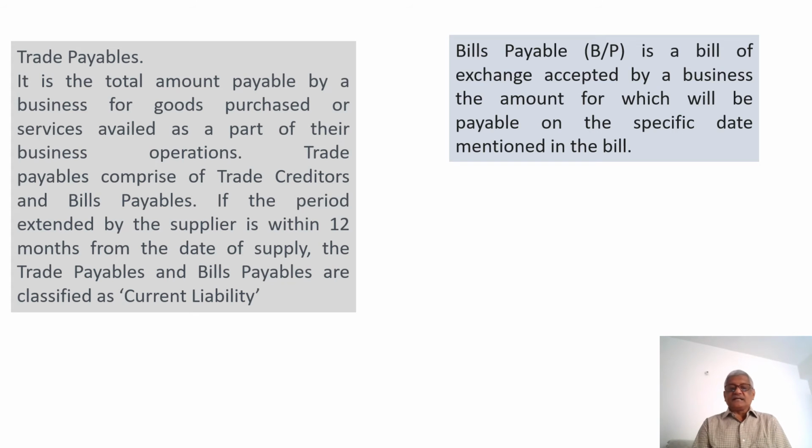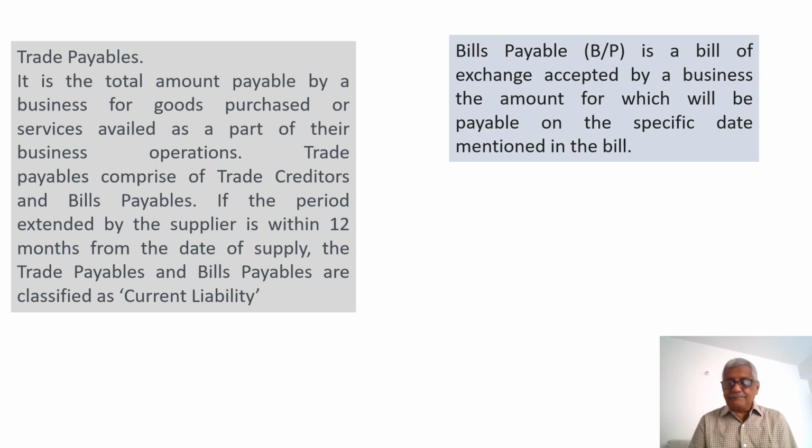The trade payables comprise trade creditors and bills payable, because both are representing the balance outstanding to be paid to the suppliers. But what is the difference between these two? The name changes, but it represents the amount to be paid to them. If the period extended by the supplier is within 12 months of the date of supply, the trade payables and bills payable are classified as current liability.